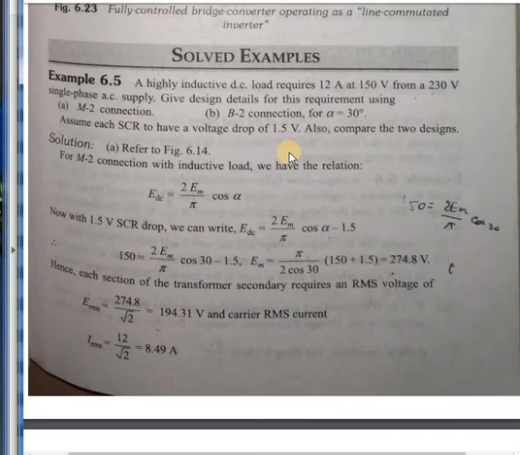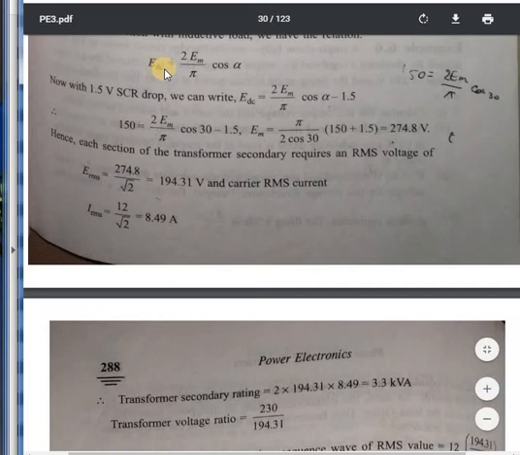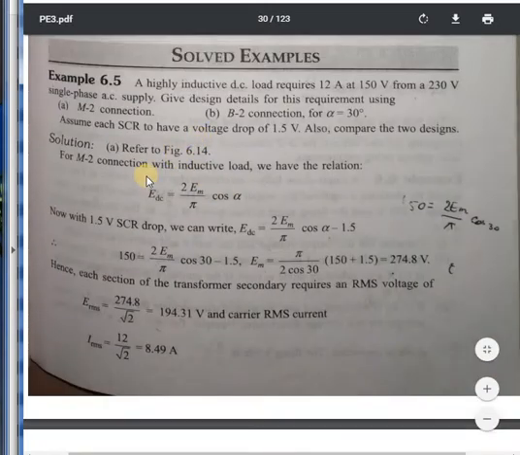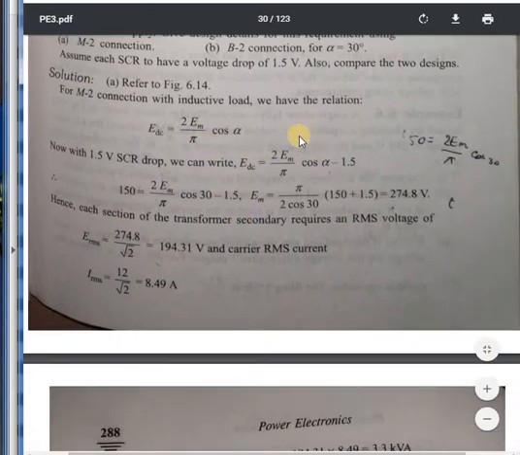So what do you need as a requirement? It is asking you. Now you also have to assume that your voltage drop is 1.5 volts, and you have to compare both. Now for M2 connection, your EDC will be 2 Em by pi into cos alpha, and you can write it as 2 Em by pi into cos alpha minus 1.5, because the voltage drop across the thyristor is 1.5 volts.